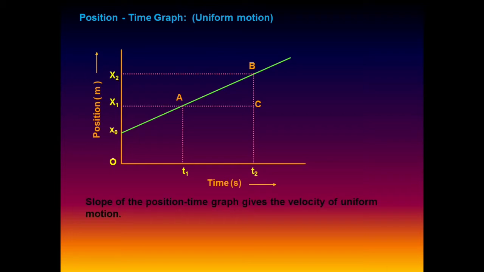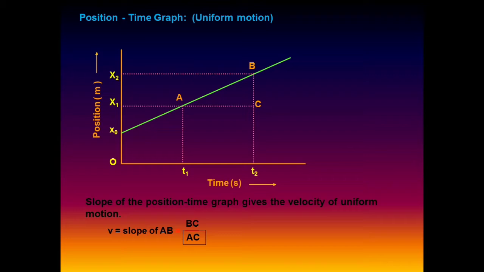So we want to know the slope of the position time graph. We have taken AB. In the position time graph, we know that the velocity is equal to displacement by time. So we have taken the two positions from the graph we chose, that is A and B. We have to connect them through dotted lines to the position coordinate and the time coordinate also.